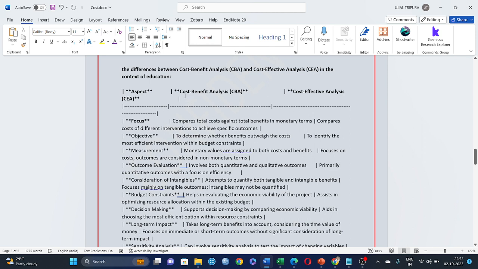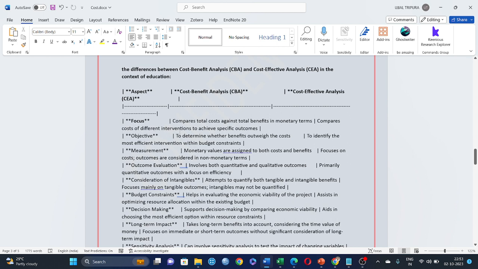If the government has recruited teachers, salary has to be paid. If a school building is built or new infrastructure developed, the focus is to compare total cost against total benefit in monetary terms.